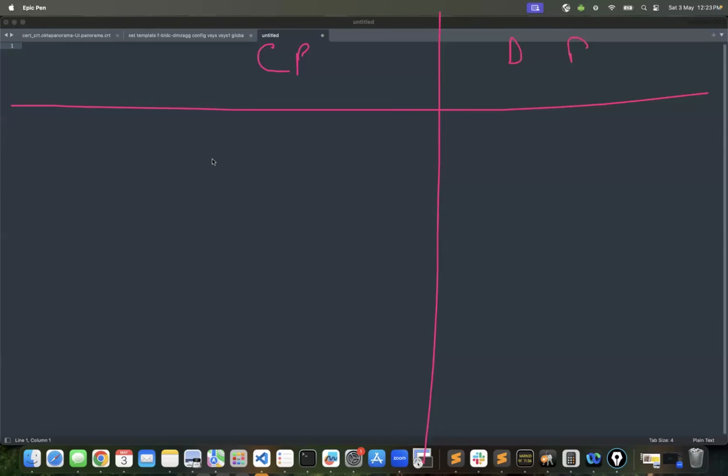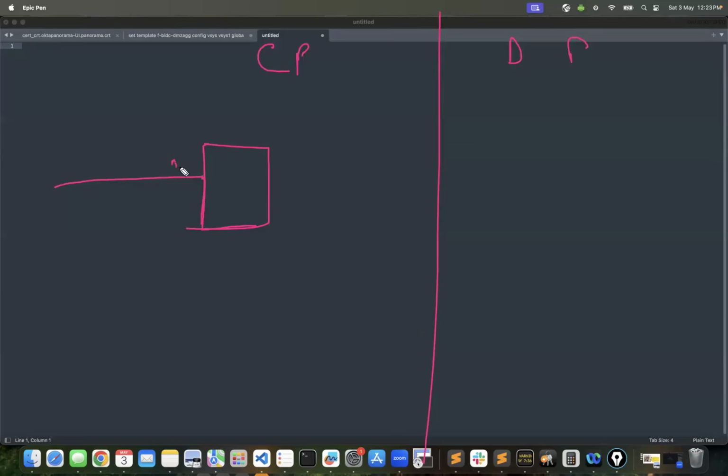Let's assume one thing, giving one example. If there is a firewall, and this is the management interface, and you are doing SSH, HTTP, whatever management access, you are using port 22 or 443 to access this firewall.